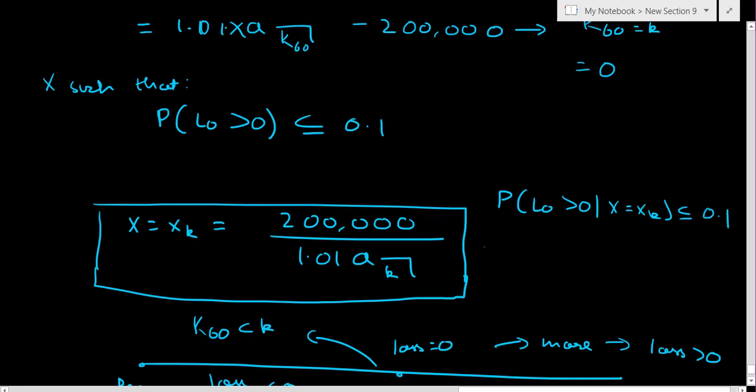And I am just saying that the probability of making a loss is the same as the probability that K60 is greater than k, because if he lives beyond k years, then only there will be a loss. So these two probabilities are the same, and I want this probability to be less than 10%.